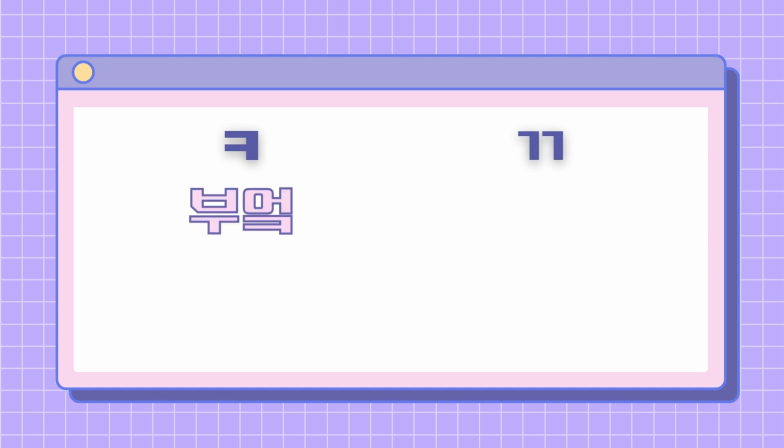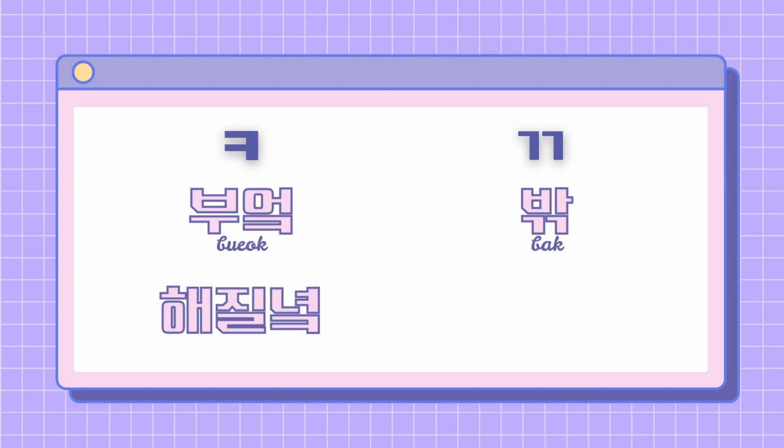The first word is 부엌, 밖, 해질녘, 묶다. See, regardless of the consonants, it's producing the same sound, 그. That's why we group it together.